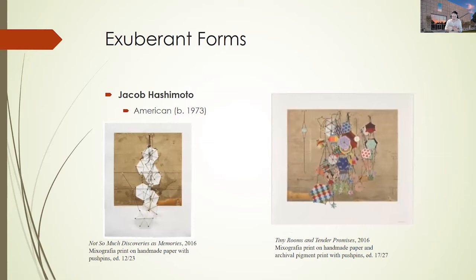He's got all these little hexagon and 8 and 6-sided kites, and these are fairly small prints, but he uses that same mixographia print where there are parts that look like they're coming off the page, but they're still part of the print.